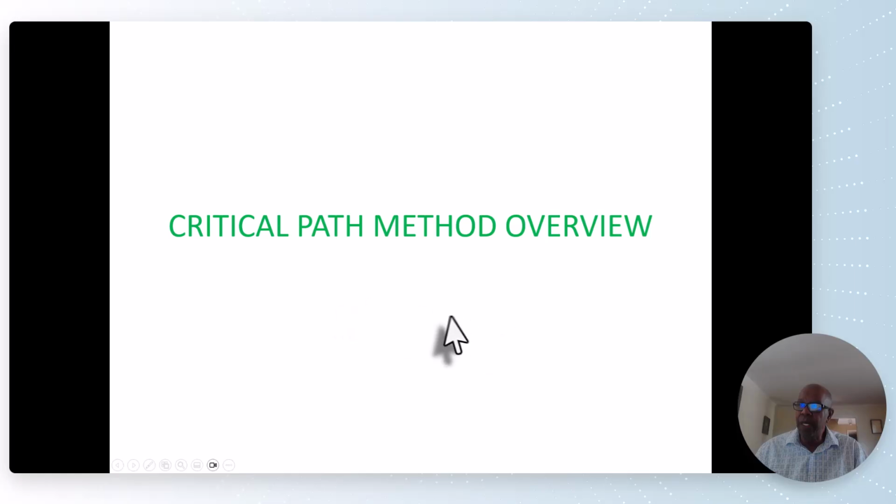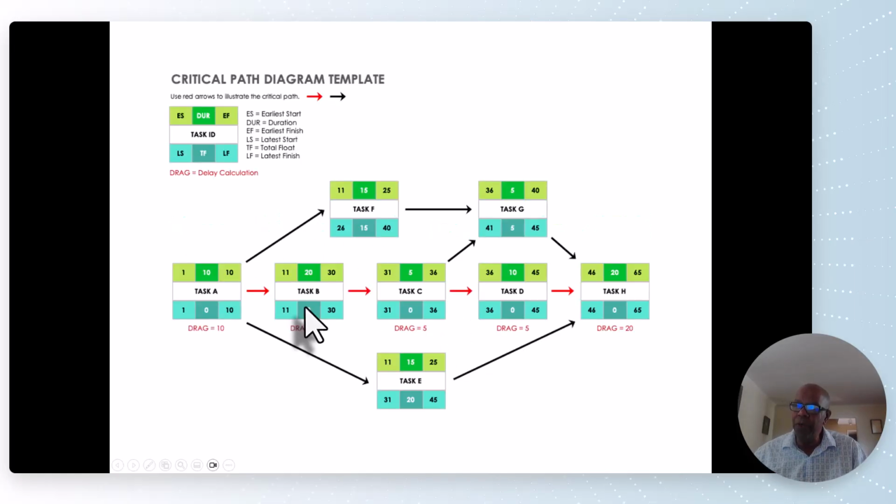Critical path method overview. Another good method. It's a diagramming method. We're not going to go into this in detail, but the key thing with the critical path is what activities are dependent. What is the longest path of activity dependency?